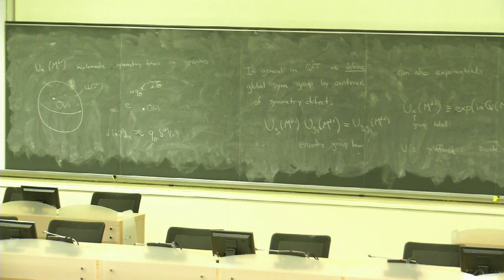Let's try to make it a little more concrete by thinking what the symmetry defects are in some simple example. Let's take an example which is an Ising model.